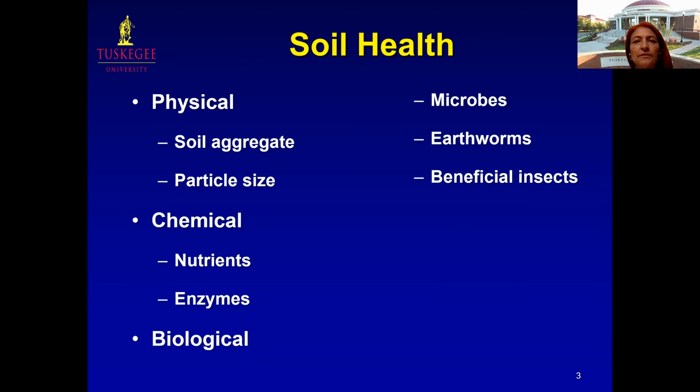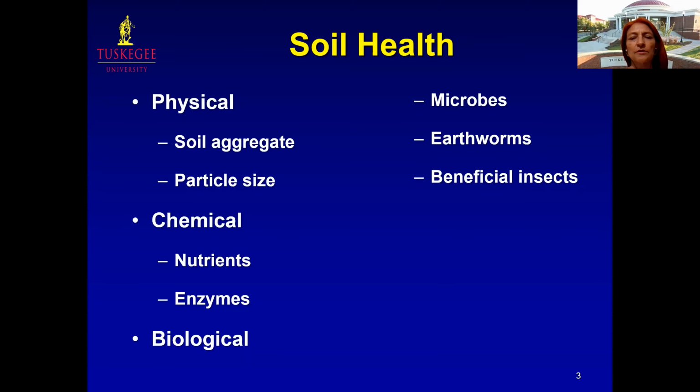So biological health of the soil involves the inclusion of lots of useful microbes in the soil, their action and interaction for making the soil healthy, earthworms and their activities in the soil, and then different beneficial insects that are present in the soil, and other different creatures that are beneficial in the soil and their activities.